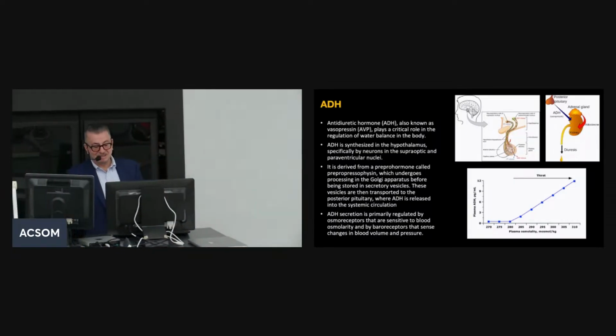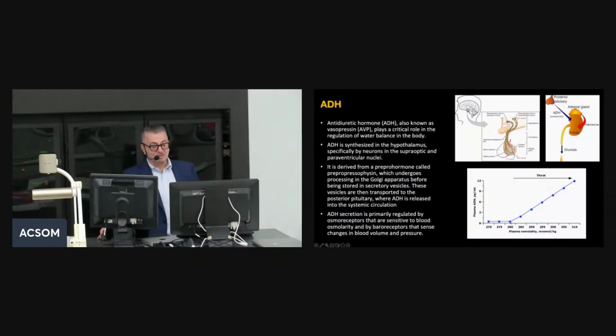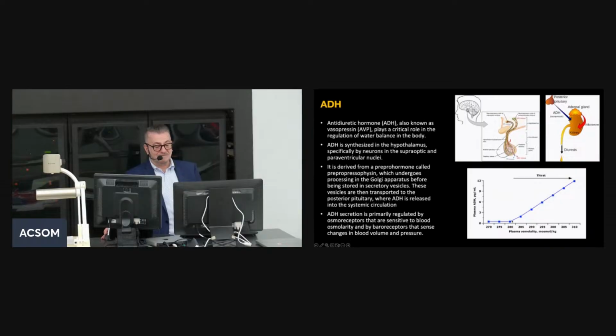And this is something you should more or less know. After a plasma osmolality of 280, ADH is very responsive to osmolality. As you can see, as you increase osmolality, the amount of ADH goes up.